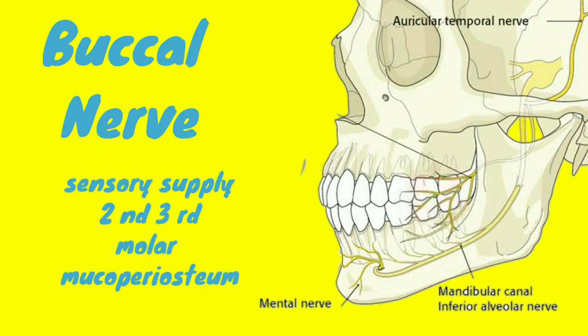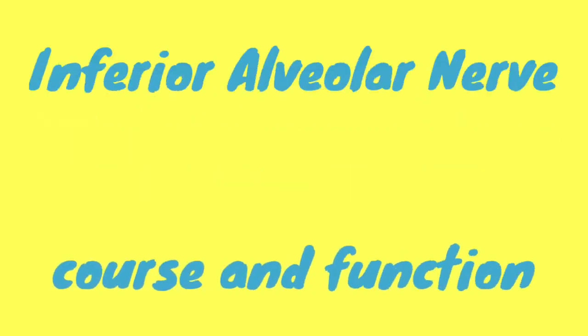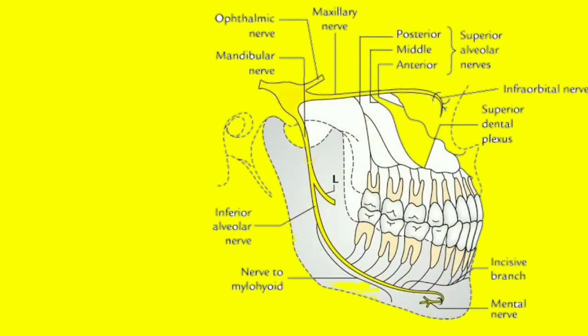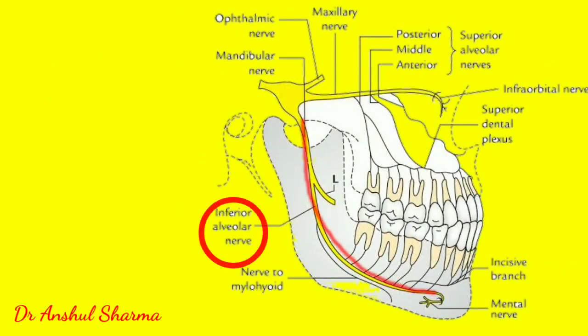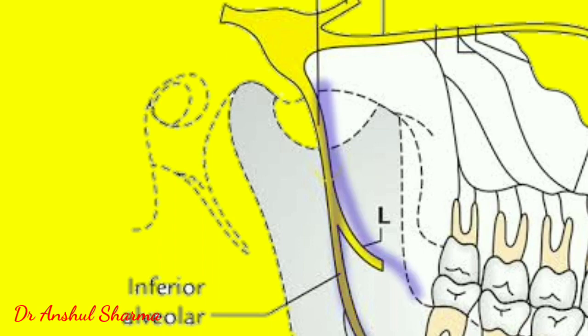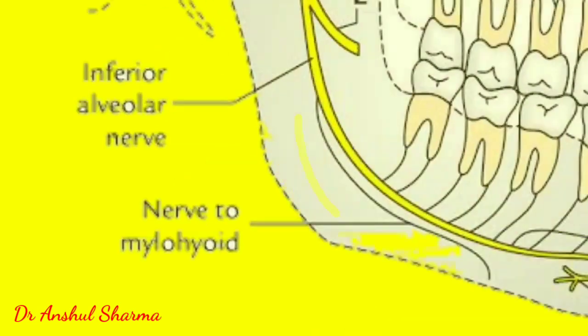on those structures. Let's discuss in detail the inferior alveolar nerve, its course and function. Now we will talk about the inferior alveolar nerve of the mandibular nerve. The inferior alveolar nerve carries both sensory and motor axons to and from the respective trigeminal nuclei.